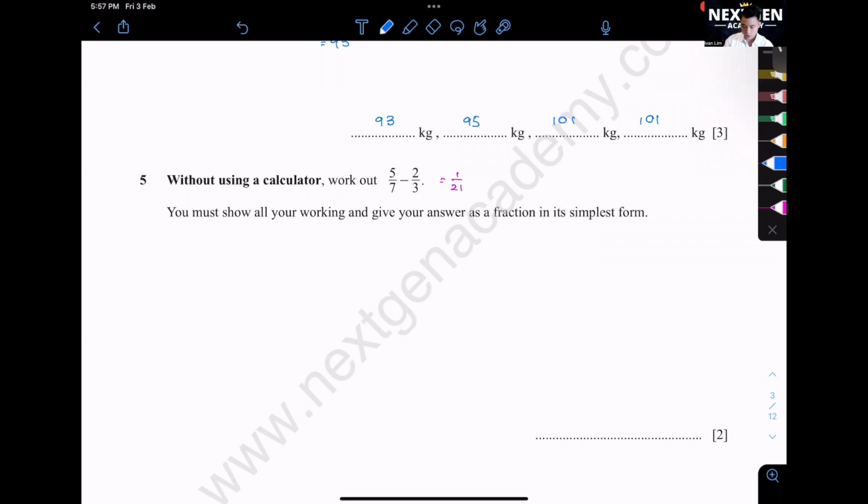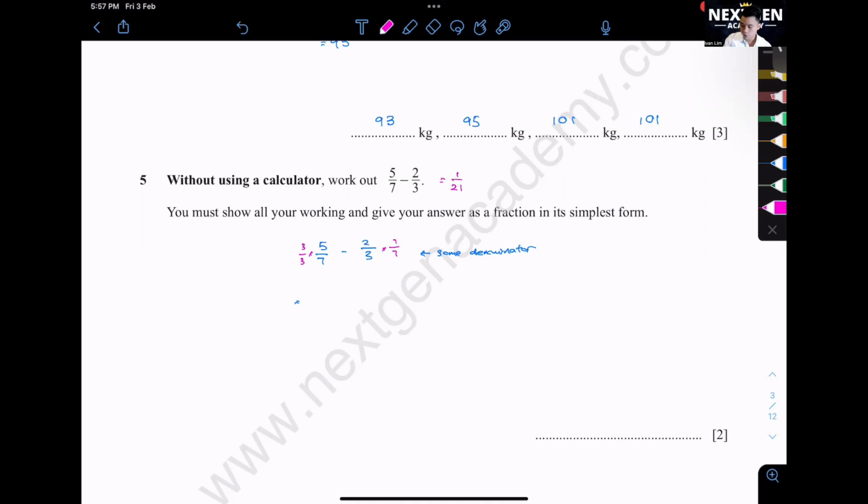So actually, this is primary school kind of fraction, right? 5/7 minus 2/3. Make it the same denominator first. You multiply by 3, so 5 times 3/3, and this one times 7/7.